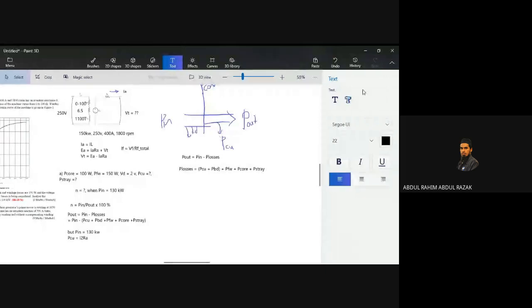So P copper is equal to I A square R A plus I F square R F. So how do you get these values of I A and I F?